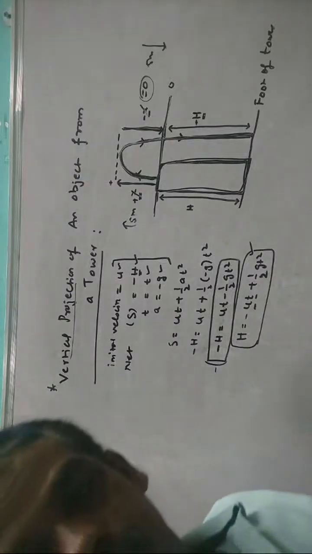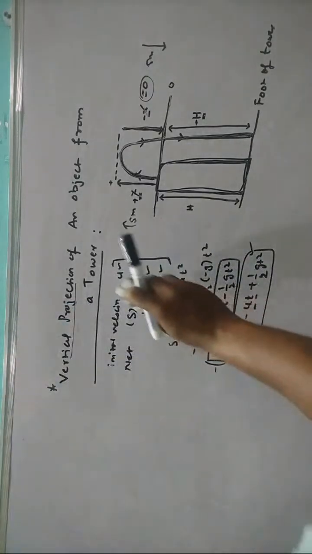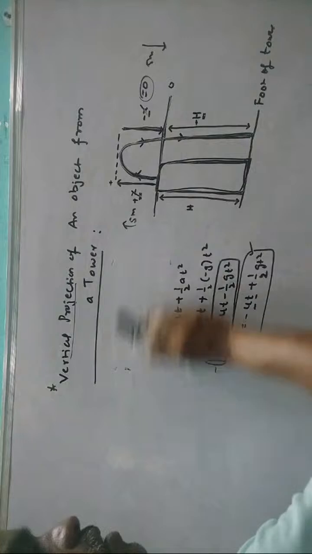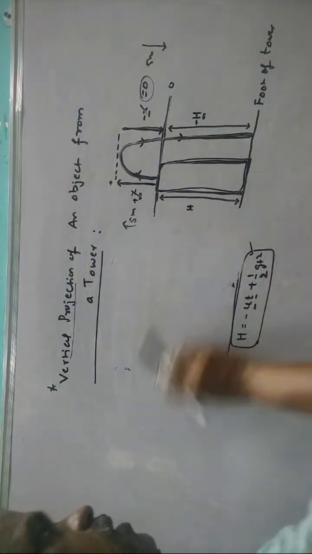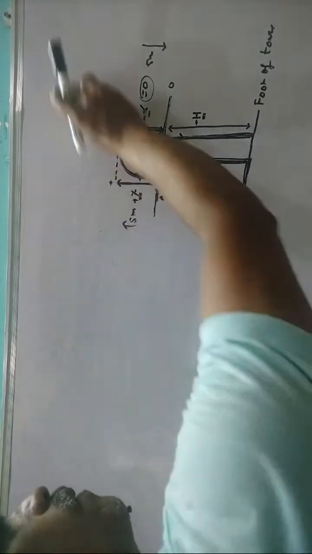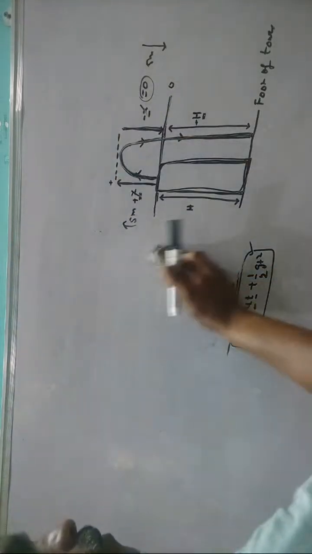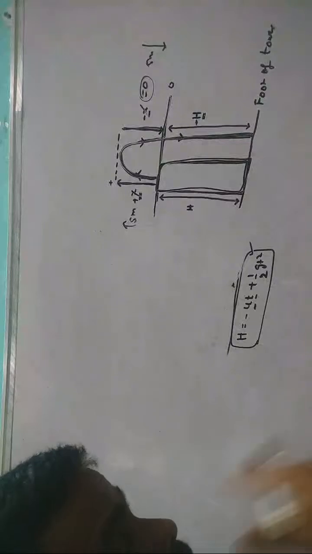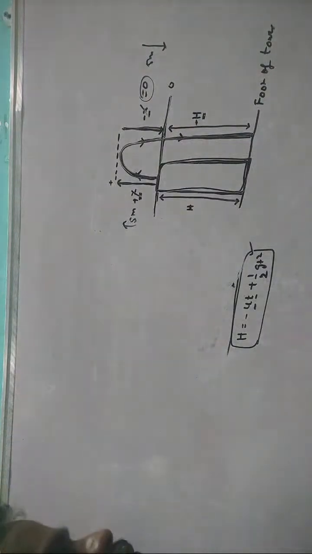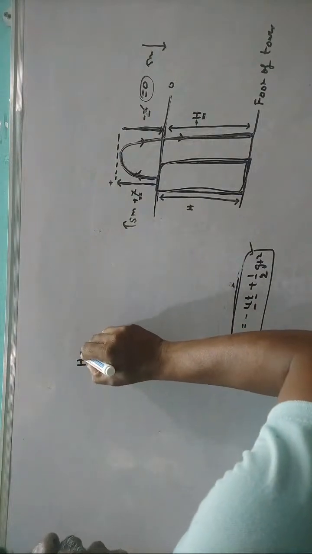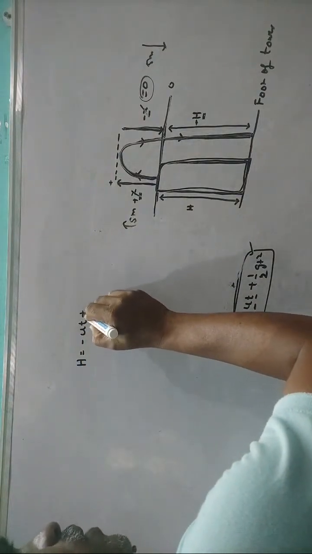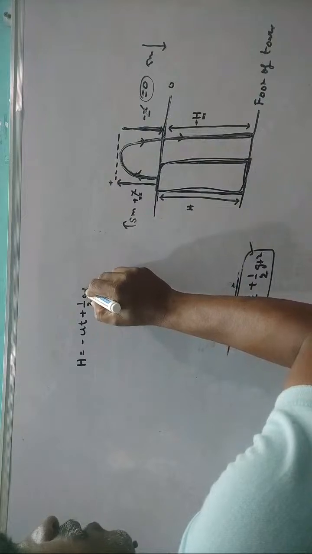Okay, next. So from this equation, we have h equal to height of the tower equal to minus ut plus half gt square.